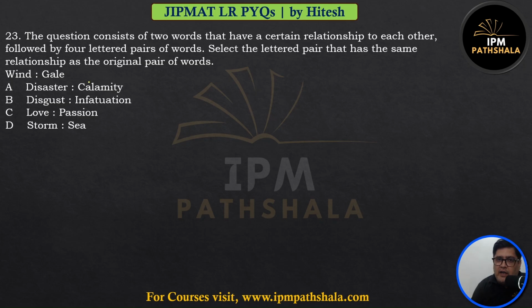Again, this is called analogy. There is a relation between these two. I have to look for same relation. Strong winds are called gale. Disaster and calamity, they are same thing. Here, A is to B is same as C is to D. Here, the degree of severity is higher.